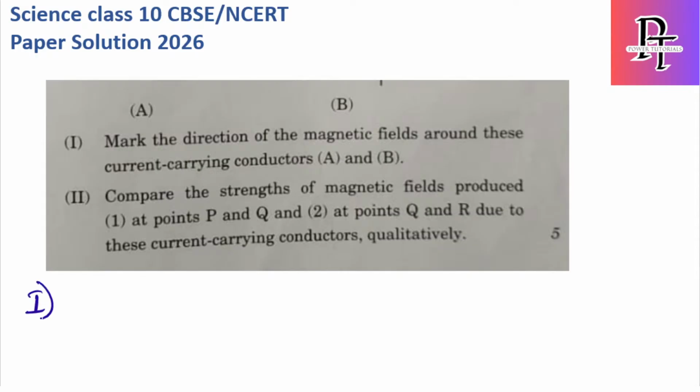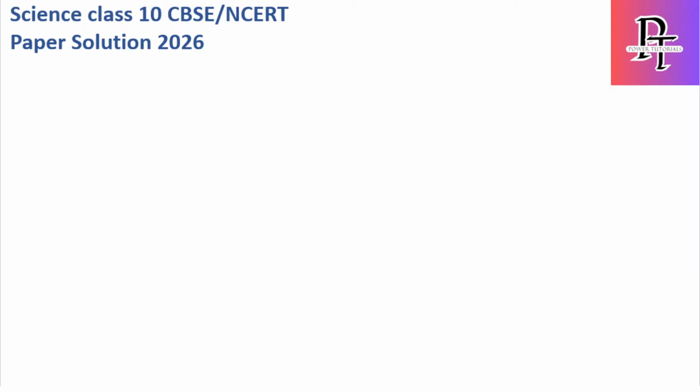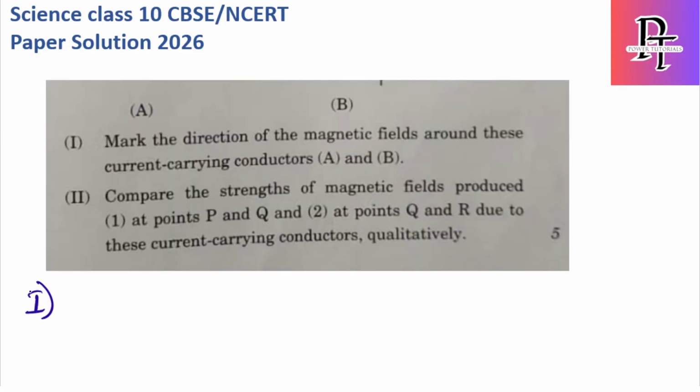In row number 1, the direction of magnetic field. In the first case, you can see that the current is in the upward direction. As per the right hand thumb rule, in case A, the thumb will be here and the other fingers are like this.